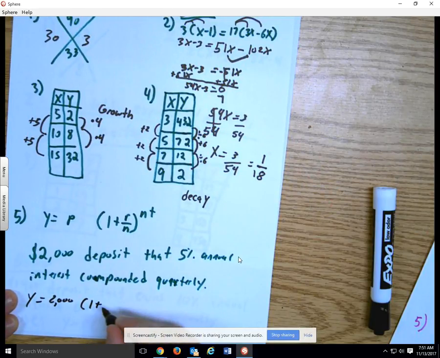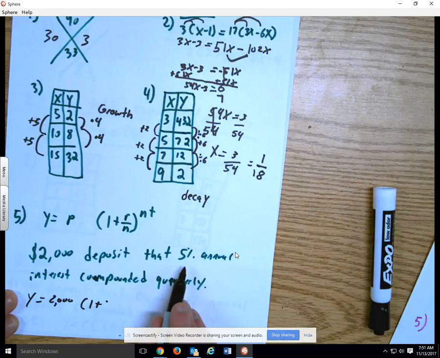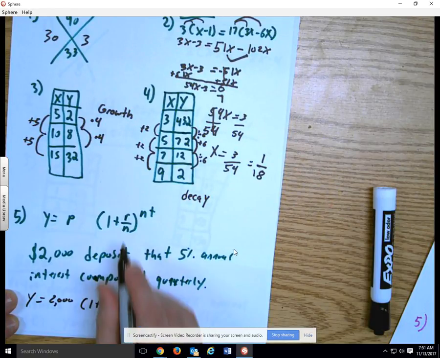1 plus, by the way, that 1 plus should look familiar because it's just a growth function. What's the rate in all this? Can anyone detect the rate? So the 2,000 deposit is at 5% annual interest. 5% would be the rate, 0.05. And the rate is over the number of times compounded.